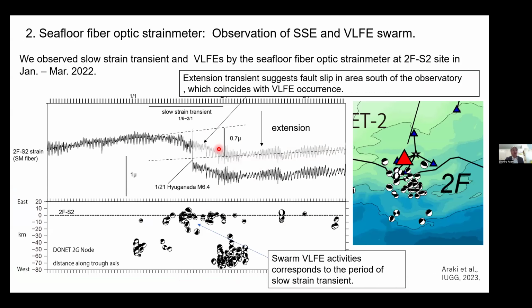And in 2022, the instrument detected a slow transient strain change lasting a couple of weeks, of about 0.7 microstrain, like here, synchronized to the period of a local swarm of slow earthquakes or very low frequency earthquakes, VLFs, as shown by the panel below.